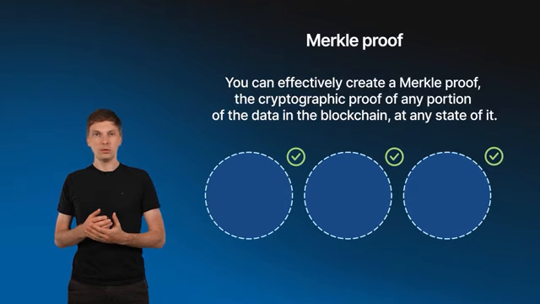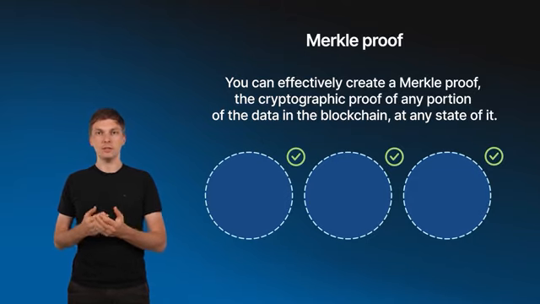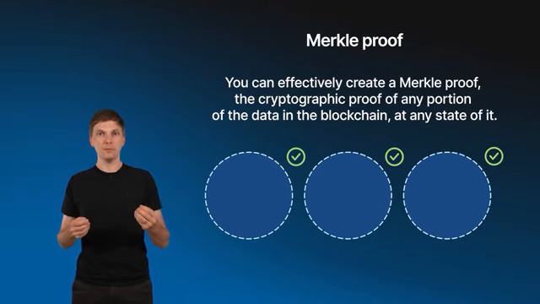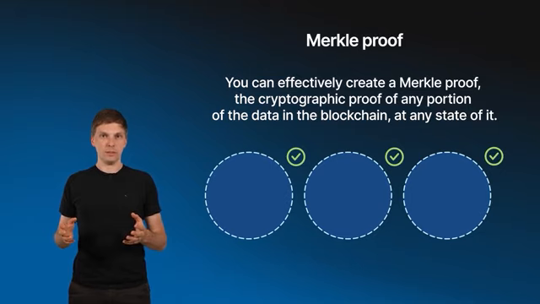But the cool result of this design decision is that the entire state of the blockchain can be effectively Merkleized, which means you can create the Merkle proof, the cryptographic proof of any portion of the data in the blockchain at any state of it.